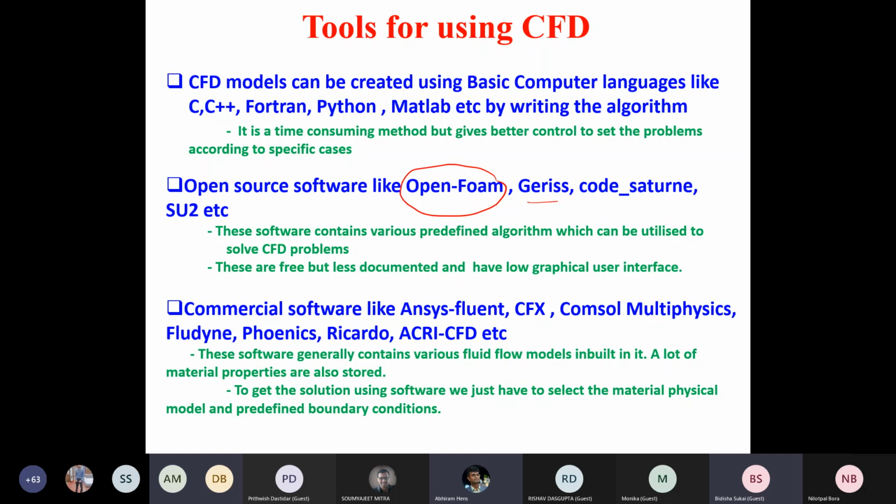So these are commercial tools. In the academic community, ANSYS Fluent, CFX, and COMSOL Multiphysics are very common and very popular across the globe. Many universities have a license for them. So this is all about the different tools available for implementing or investigating something with the help of CFD.